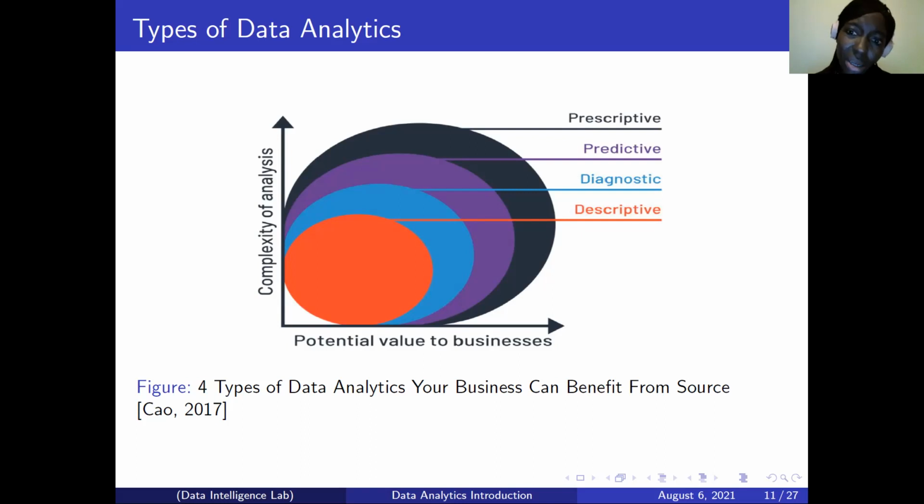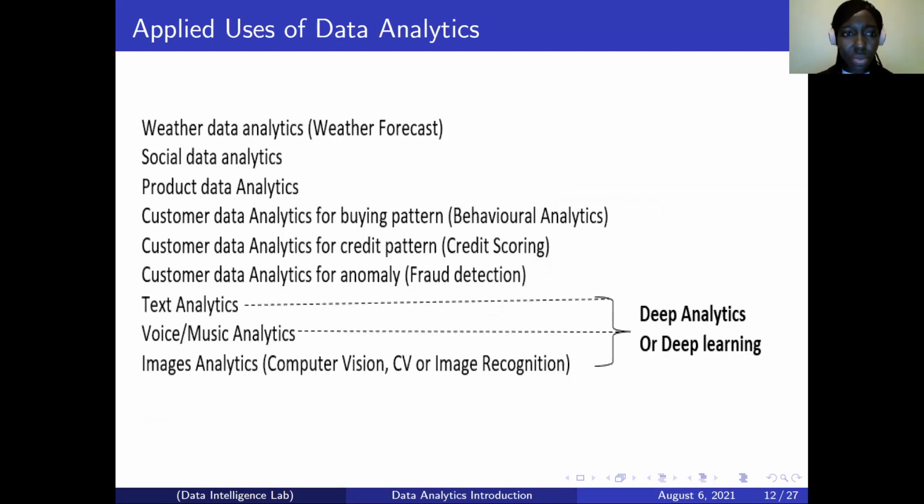So the predictive analysis is a form of proactive analysis, predicting into the future. So prescriptive is a different form of data analytics as well.